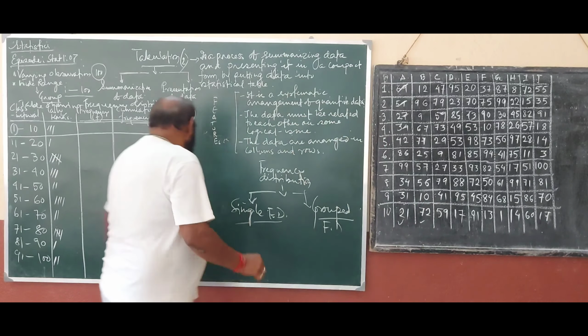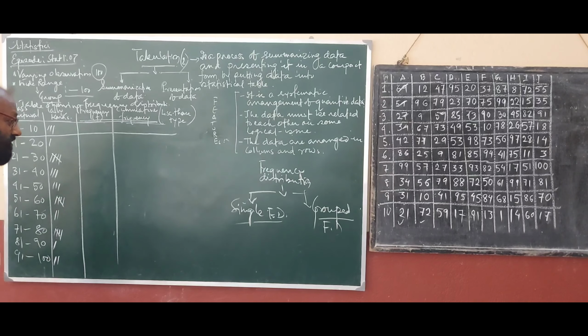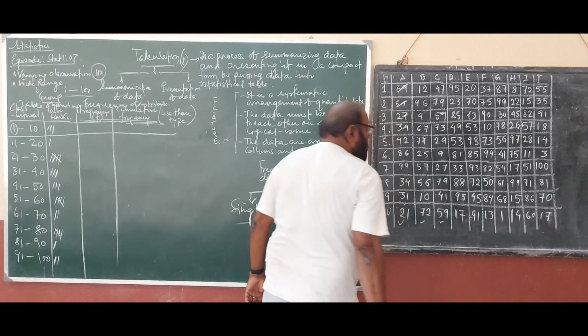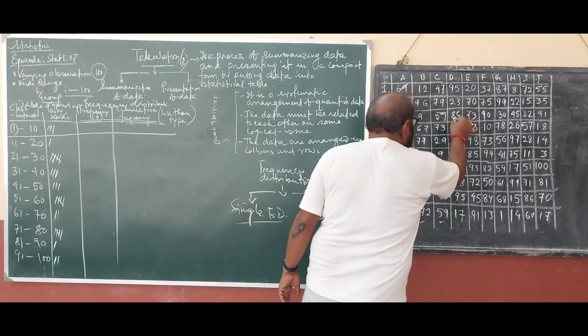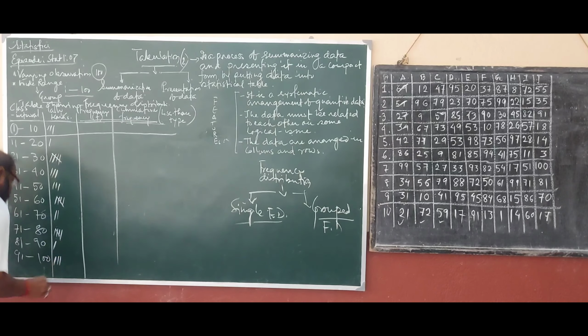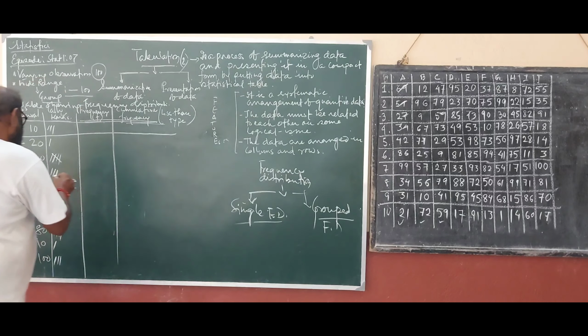41, 59. Where is 41? And 41, 59. See, 4 was done here and one 5 reduced. Clear? So this part is gone. Now 95, 23. 95 will fall in this category, 23 in this category.